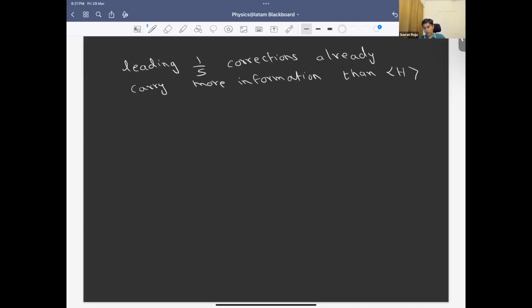We think of black holes as being statistical objects, but what are the leading 1 over S corrections? For instance, you could ask, what is this? Of course, to leading order, this term is 0 if I divide it by the expectation of H squared. But if you start looking at this term to subleading order in S, then this tells you about the fluctuations in the energy of the black hole.